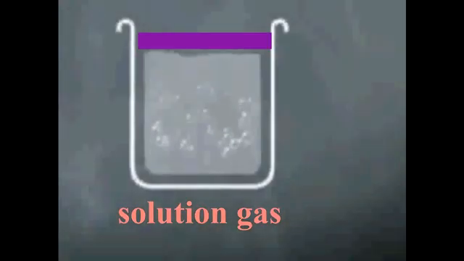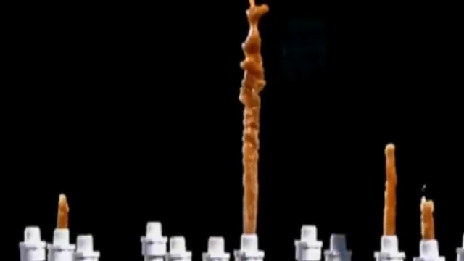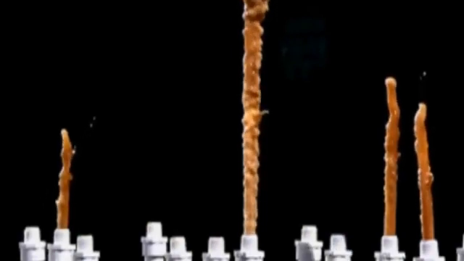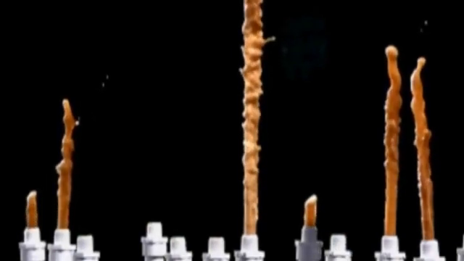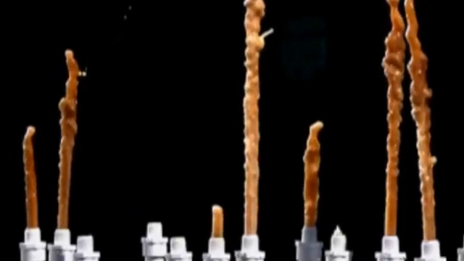Let me explain. If you remember from our definitions, solution gas is liquid under pressure. When the pressure is released, the volatile gas rushes upward and outward, carrying the oil with it. All of the energy is supplied naturally. Thus, it is referred to as a natural source of energy.